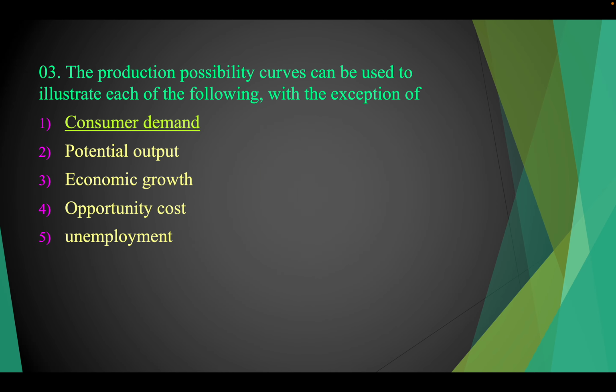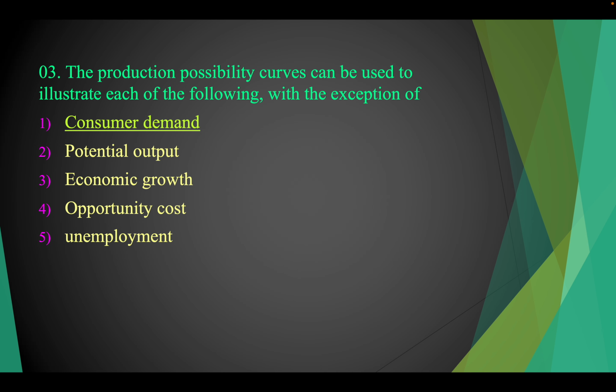Okay, the next question. The production possibility curves can be used to illustrate each of the following with the exception of. We can use the production possibility curves to show the potential output, that means on the PPC. And economic growth, the production possibility curve shifting rightward.